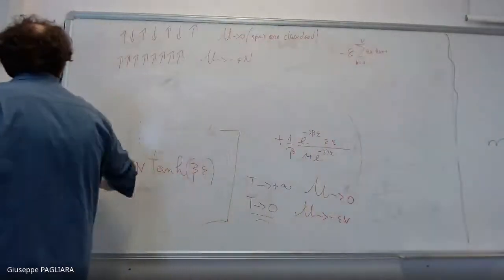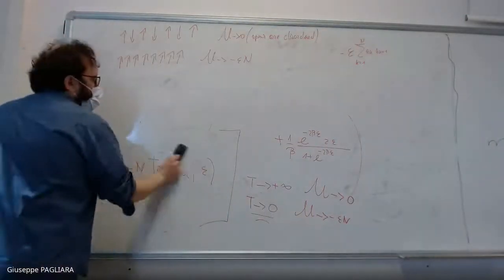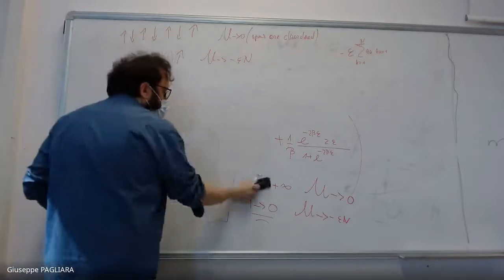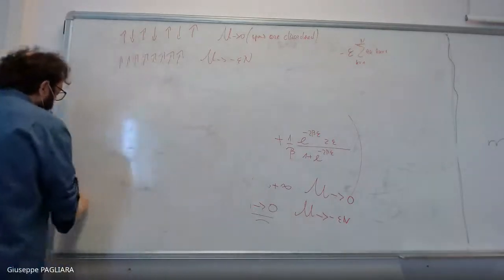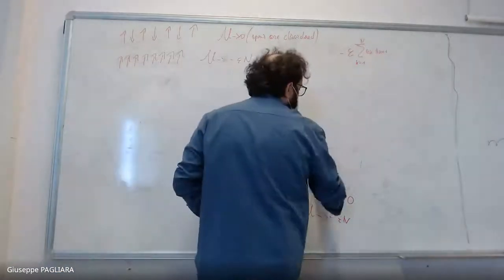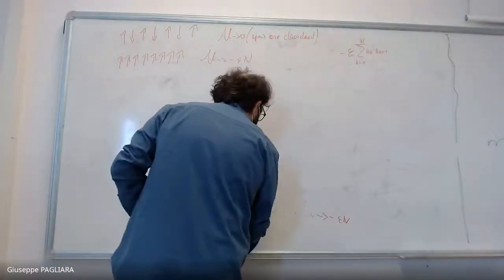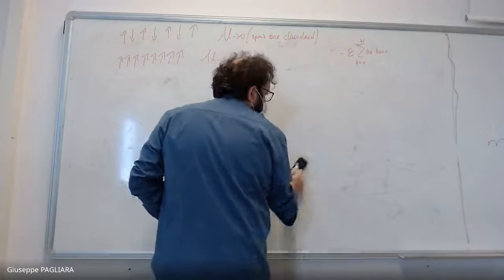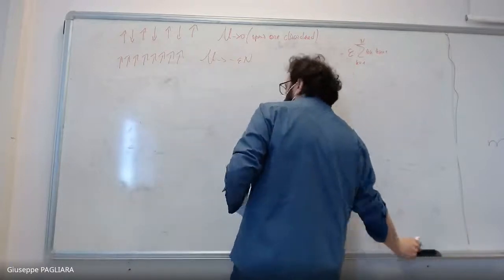Now one can compute, but I will not do it, the specific heat, just to make a comparison with what happens in 2 dimensions, in the Ising model in 2 dimensions. But computing the specific heat is just a matter of calculation.